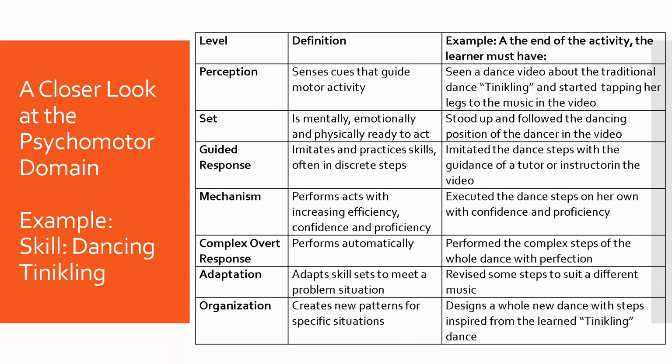At the end of the activity, the learner must have, so we can construct our objective for the psychomotor like this. So for perception, at the end of the activity, the learner must have seen a dance video about a traditional dance, tinikling, and started tapping her legs to the music in the video.